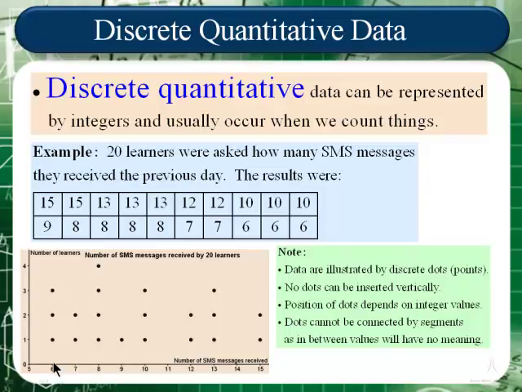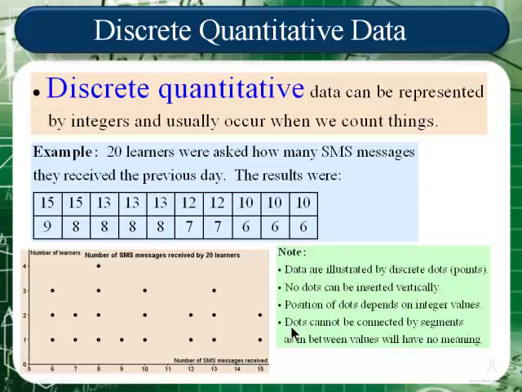You cannot receive 6.5 SMS messages. So the position of the dots depends on an integer value. Like I said, you cannot put a dot at 6.5, because it's got to be an integer.